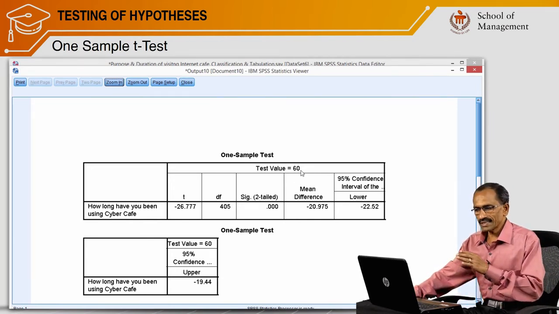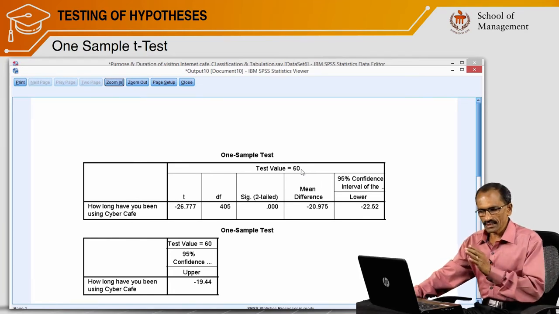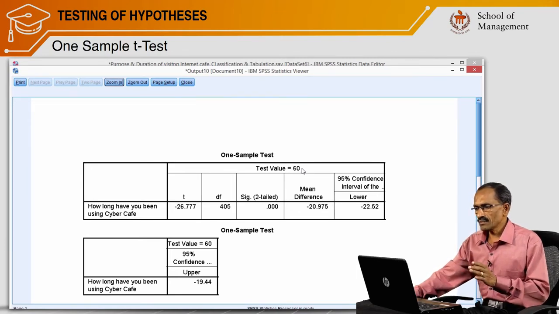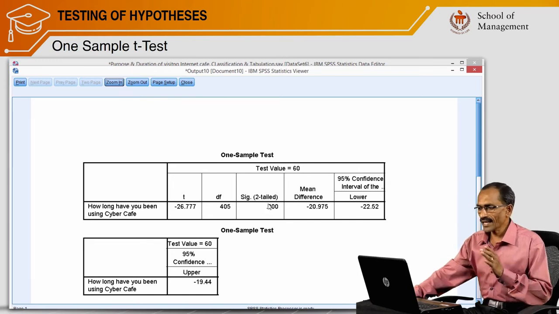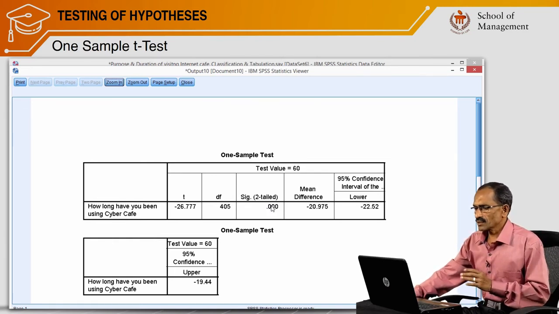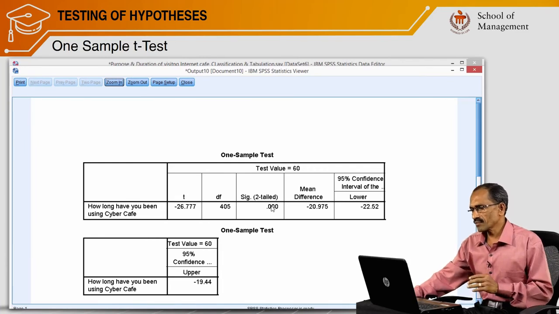The test value, or hypothesis value, was 60 months. So definitely the test value is significantly different from the actual mean value, that is 39.02 months, approximately 39 months. That is why we can convincingly reject this hypothesis.